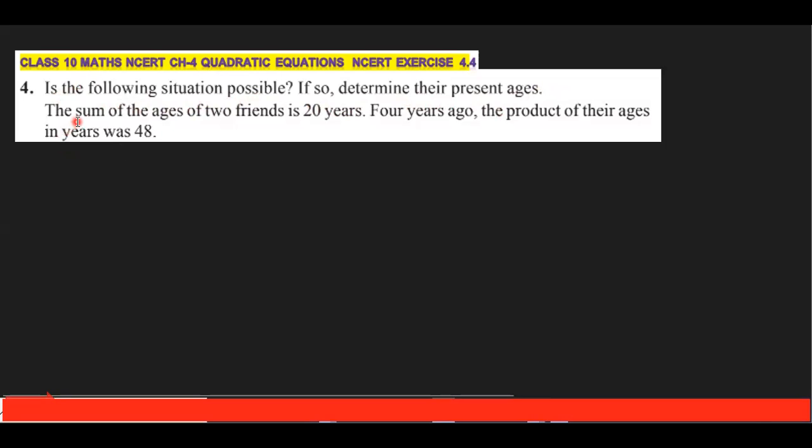The question is: the sum of the ages of two friends is 20 years. 4 years ago, the product of their ages in years was 48.